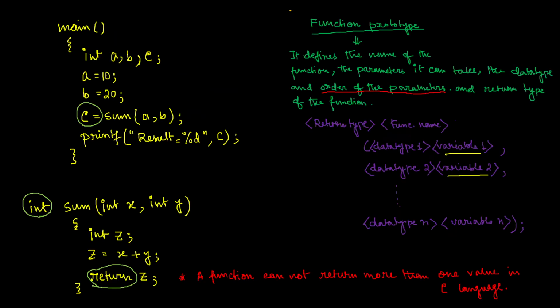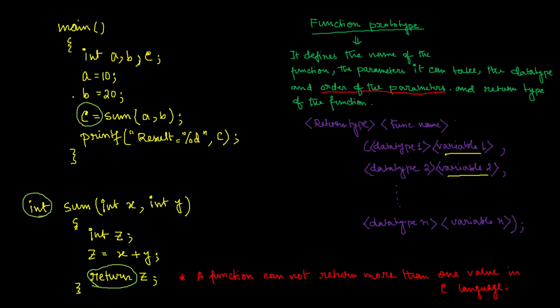For example, take this particular example, under case one. If you remember the four different cases that we have discussed, I hope you can easily understand this is under case one, because the main function is giving the data with which the operation will be done to the sum function, and the sum function is also returning the result to the main function.